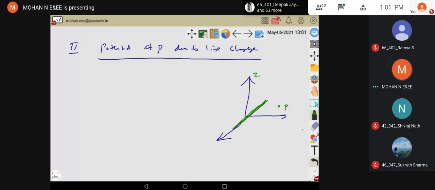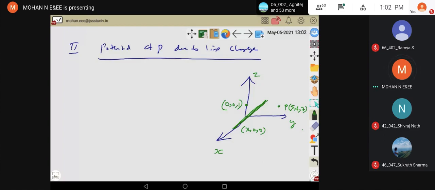This is Z, this is Y, and this is X. Okay, so the point P is at 5, 6, 7, the line charge coordinates are x comma 0 comma 0, and the reference point coordinates are 0 comma 0 comma 1. So I am interested in finding the potential at P due to the line charge.